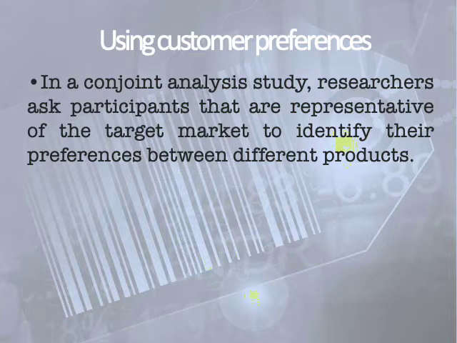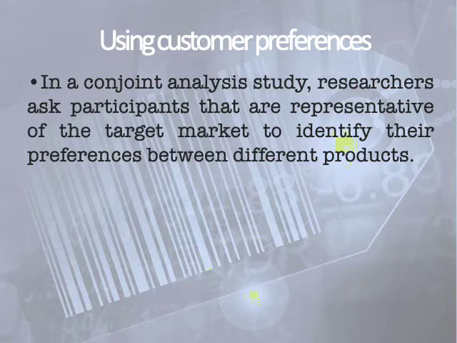Now, the results from this analysis are the customer's part-worth utility functions. If you still remember what part-worth utility functions are, that is the result we consider as the part-worth utility functions of your consumers.